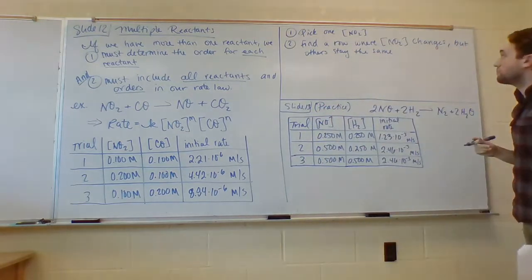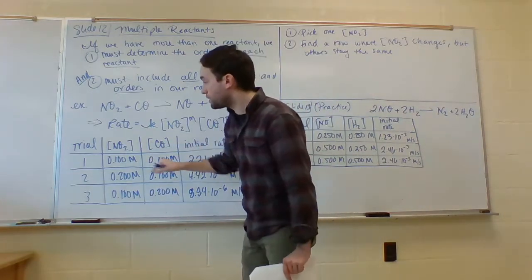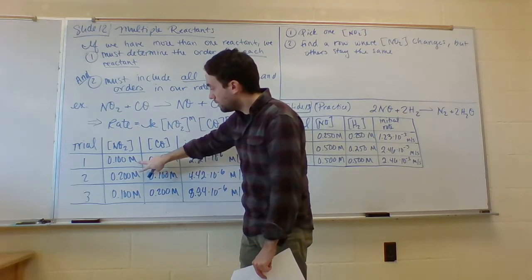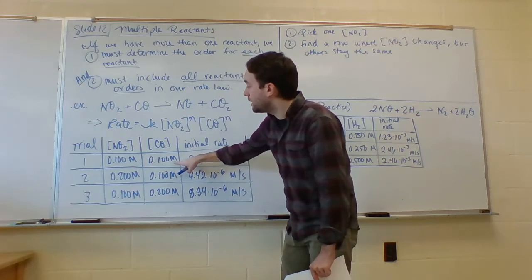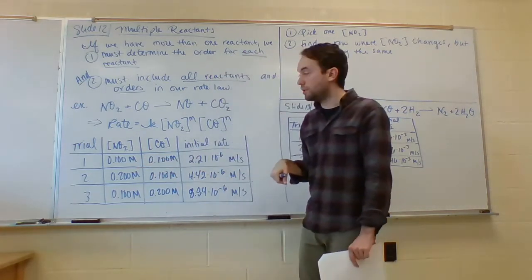So here I want to find 2 rows where my concentration of NO2 changes. 1 and 2 change, and notice that CO does not change. So that means that I can use 1 and 2.